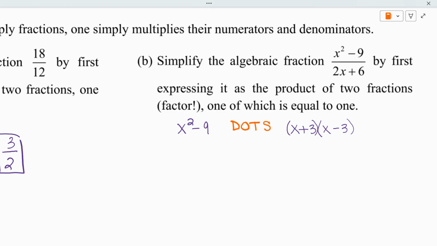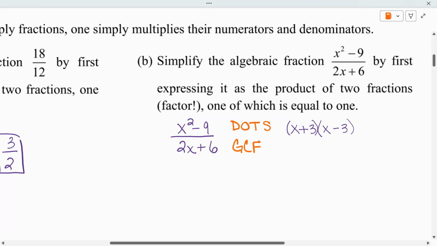Okay. What about the bottom number? How can I simplify 2x plus 6? Does it have a GCF? Yeah, what is it? I can take a 2 out. So when I take a 2 out, I'm left with x plus 3.